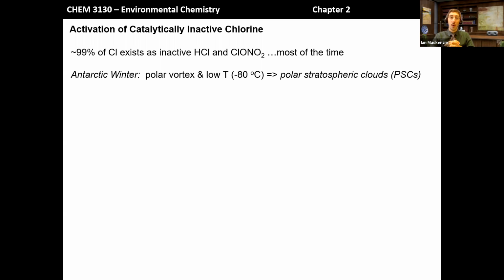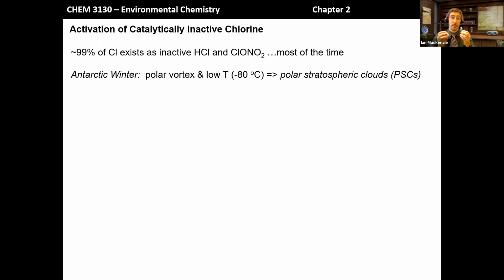Now, although around the South Pole there's not a lot of humidity, generally not a lot of water in the atmosphere, particularly in the stratosphere, when the temperature drops to -80, it's cold enough that it starts to form particles by condensation of what little water vapor there is, along with nitric acid as well.